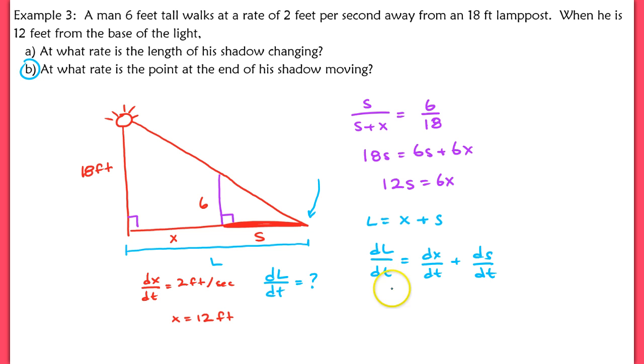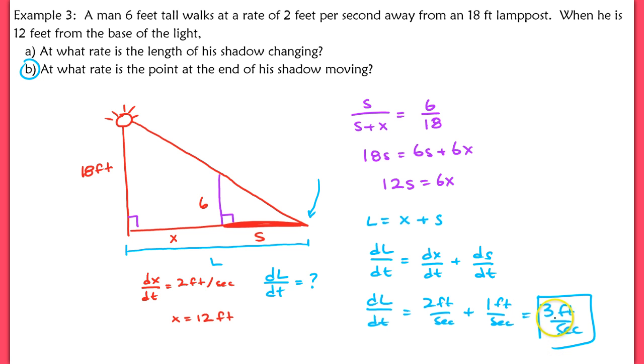So we can find dL/dt by substituting in dx/dt and ds/dt, which is what we just found. So dL/dt is equal to 2 feet per second plus that 1 foot per second. Because these have the exact same units, we are able to add them together, so we get 3 feet per second. So this is dL/dt, the rate at which the point at the end of his shadow is moving.